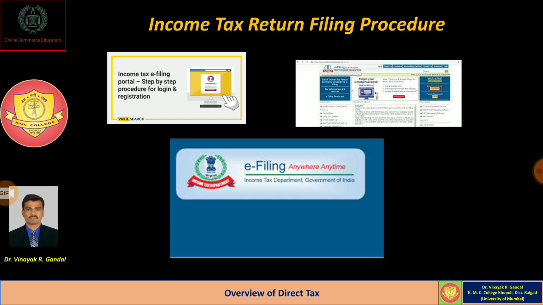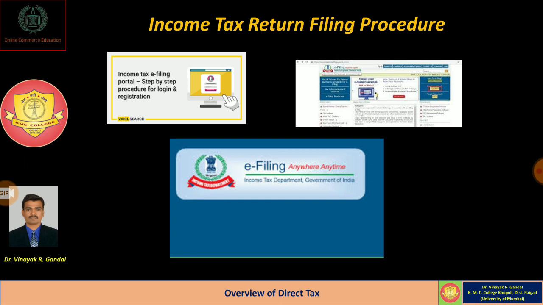Also, we will study Form number 16, various ITR forms, e-verification, then the procedure of filing income tax return, calculation of income tax, submission of income tax return, and the procedure of getting a refund. If a person paid excess tax, then he is liable to get a refund.